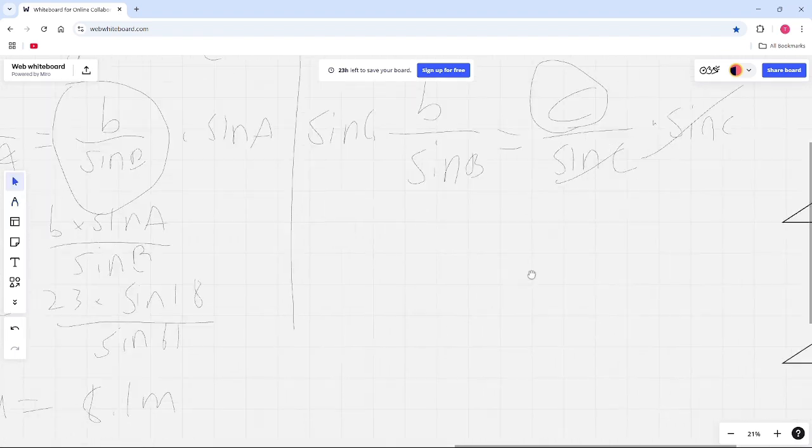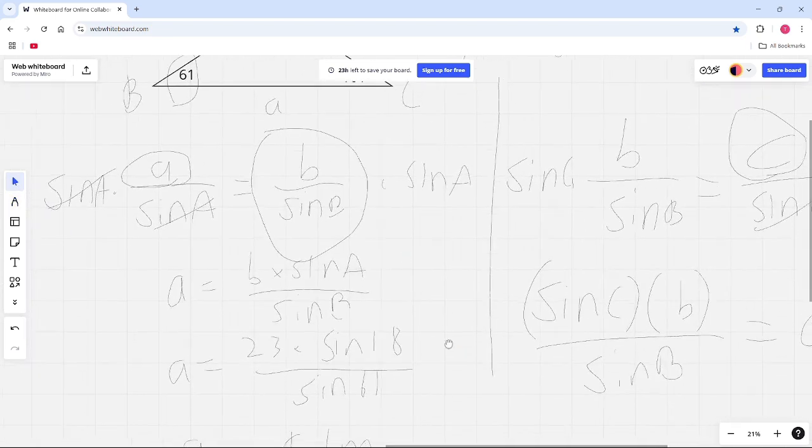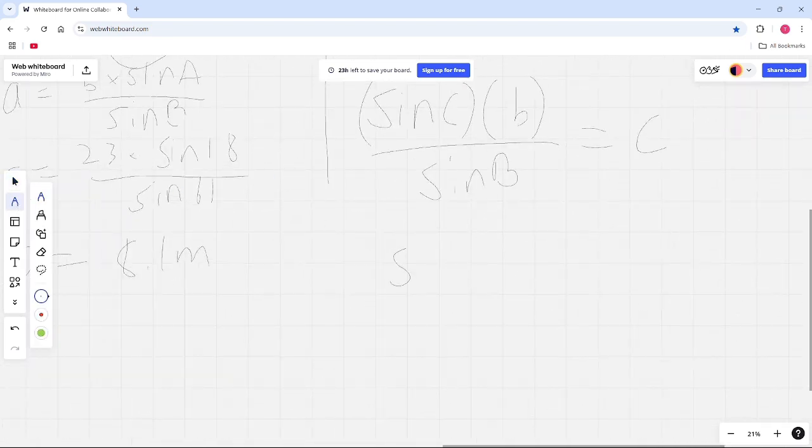Now you're left with sine angle C times b divided by sine angle B is equal to side length c. Now, inputting all your numbers in, which is sine 101 degrees, multiplied by 23, divided by sine 61 degrees, that will give us 26 meters.